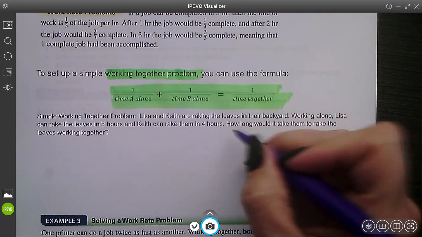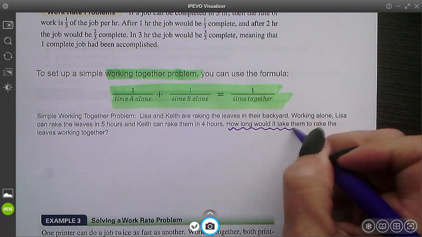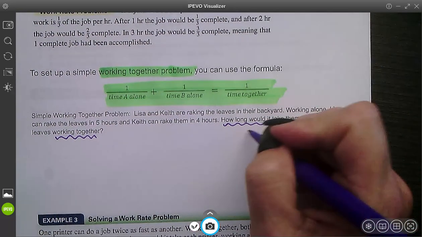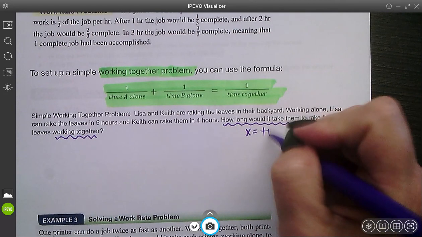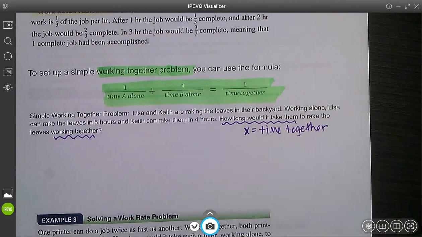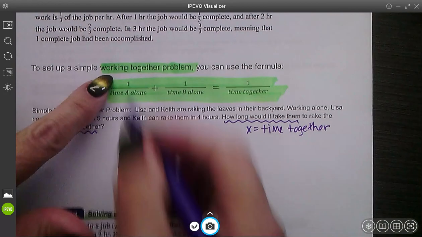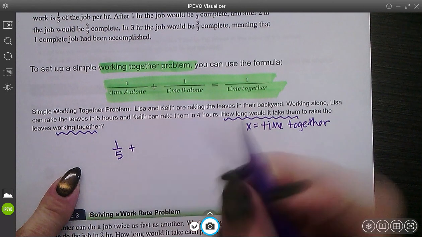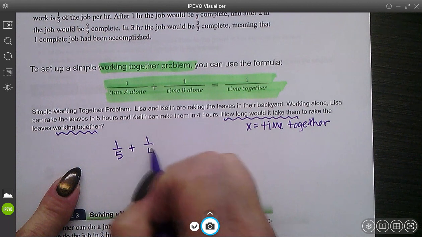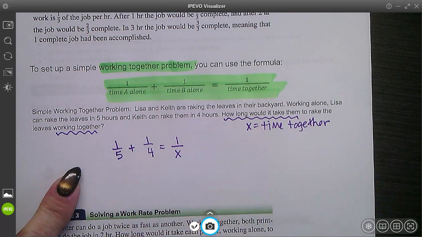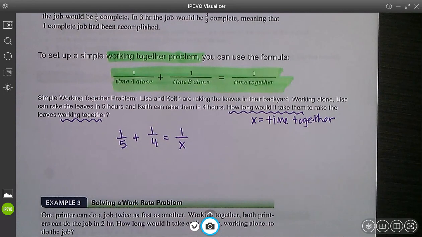Well, we don't know how long it would take them working together. So that's our x value. So x is the time that it takes them working together. In my formula then, I put 1 over Lisa's time, so 1 over 5, plus 1 over Keith's time, 1 over 4, is equal to 1 over x, which is the time it would take them together.